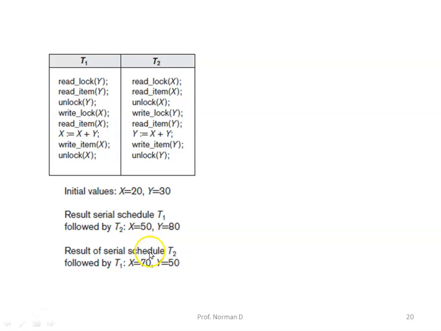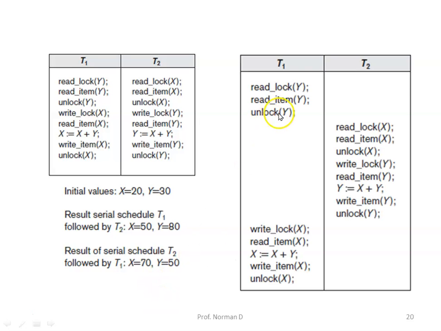Whereas if we change the serial schedule, that is we execute T2 first and then T1, then we get different values of X and Y. Now here what I am trying to do is have them in a non-serial schedule and use the read lock, write lock and unlock mechanism.